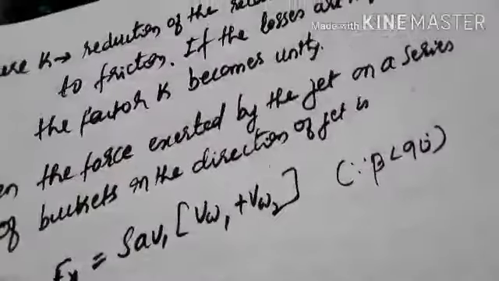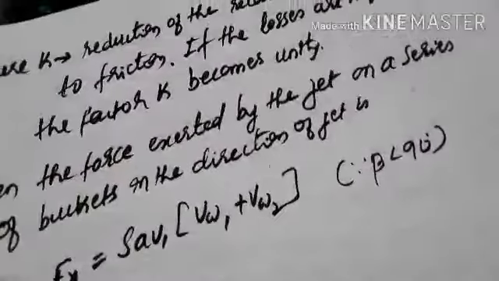Theoretically, we get the value of ku as 0.5, but practically it is generally taken between 0.43 to 0.48. So the ratio of wheel to jet speed is termed as speed ratio.